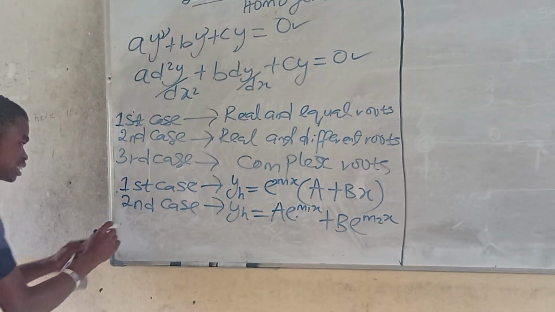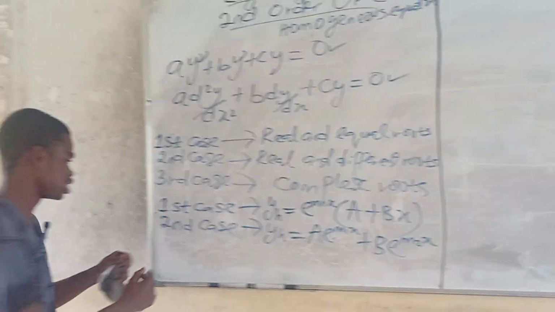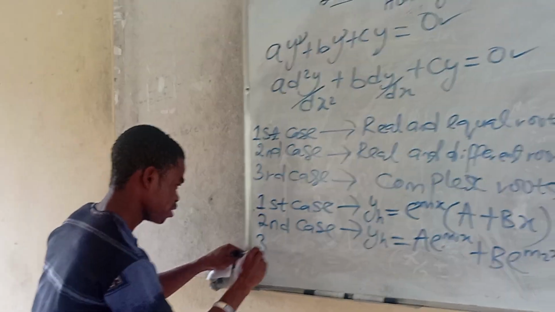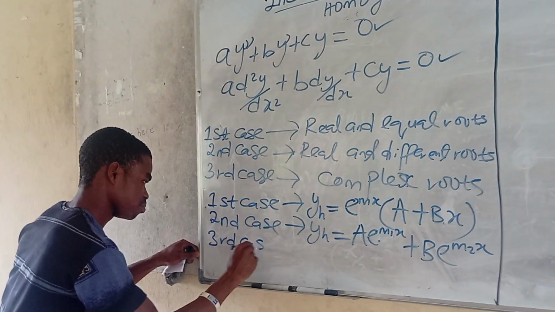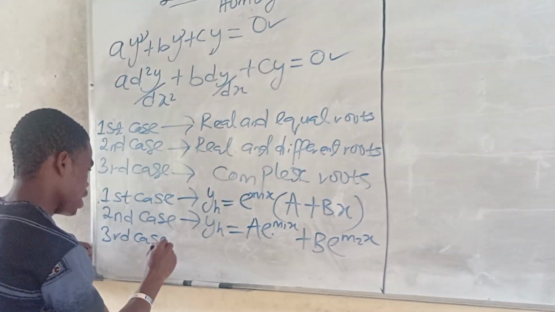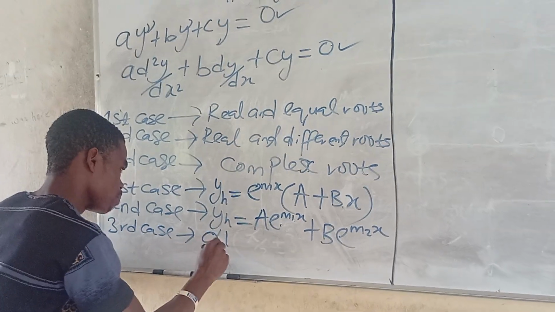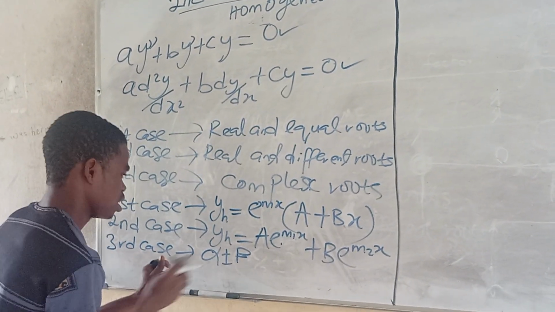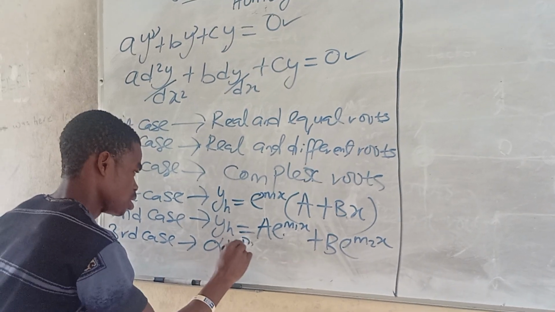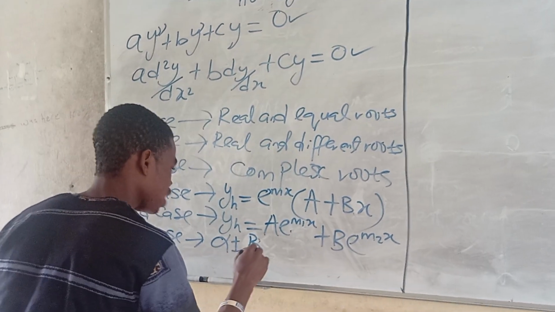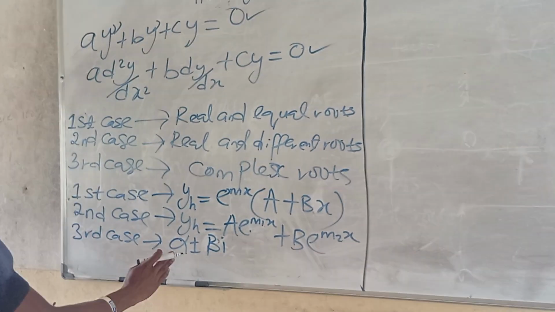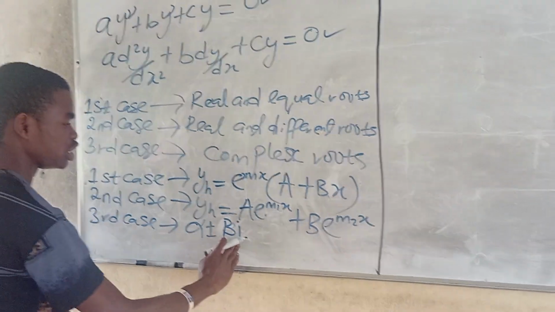For the third case, listen, we have alpha plus or minus beta i. This is the real part and this is the imaginary part.